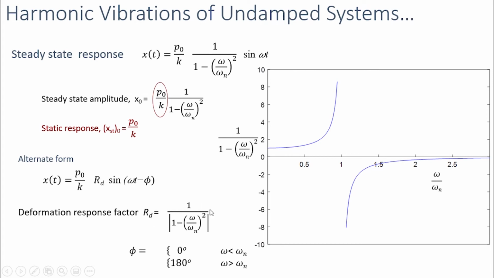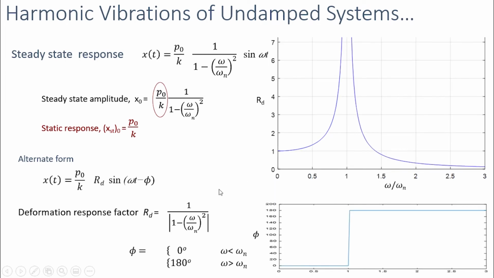So now let's see how this deformation response factor varies with the frequency ratio. This factor Rd is just a modulus of this factor. The deformation response factor Rd varies like this.